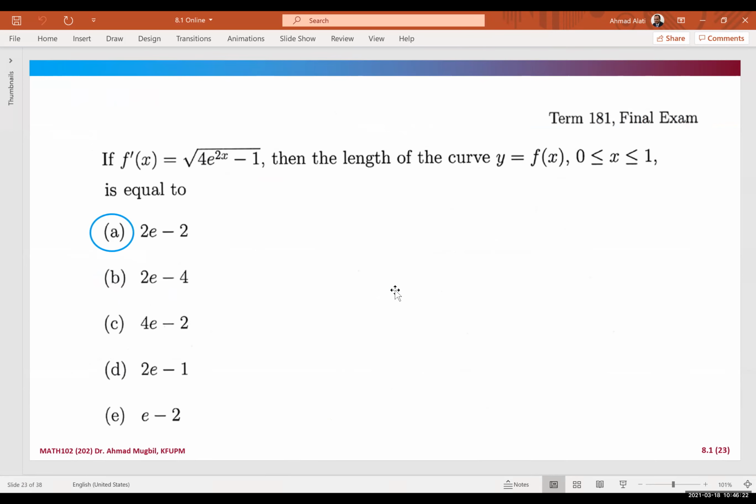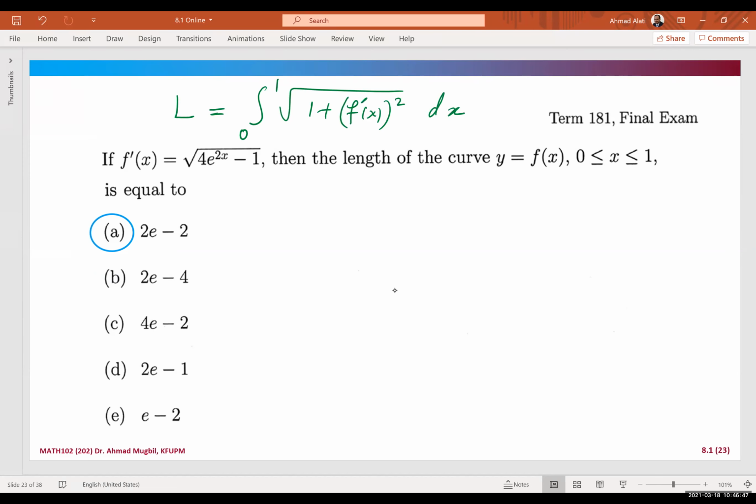If the derivative of the function is this, then what is the length of the curve from 0 to 1? Good one. You need to recall the formula here. The length is the integral from 0 to 1 of the square root of 1 plus f prime of x, all squared, dx.